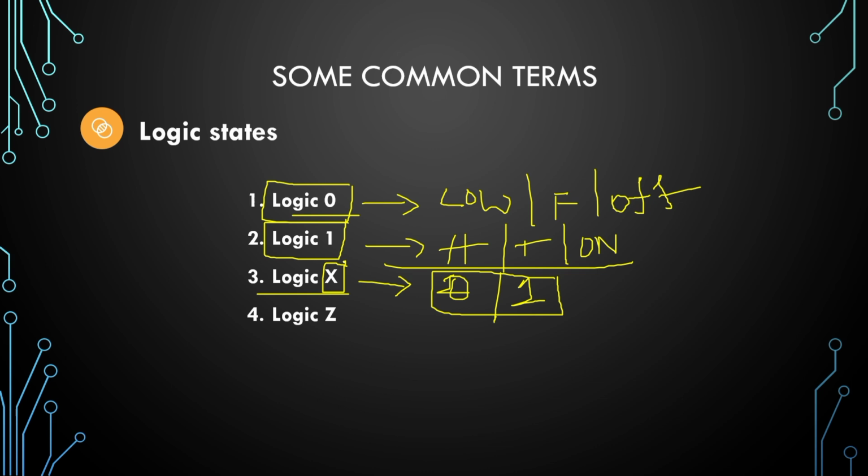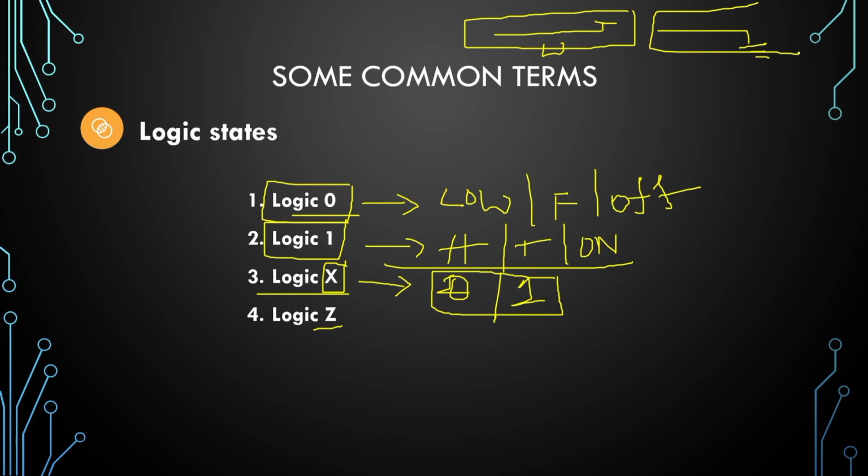Next is logic Z, which is represented as high impedance. Means what is high impedance? If we have a wire, and in this wire the end is not connected to supply, or the end is not grounded properly, then we can say this doesn't have any value.